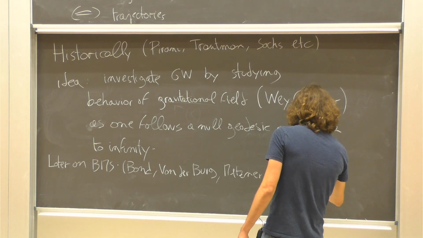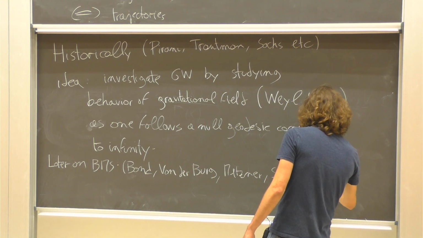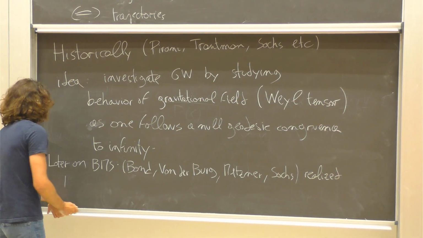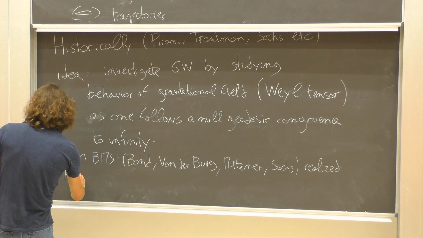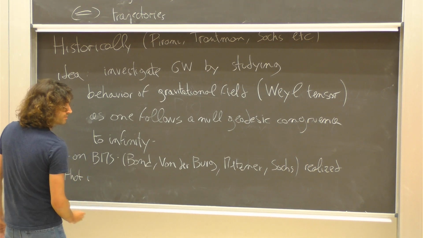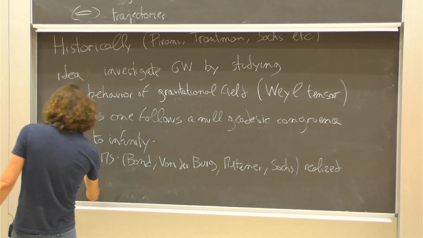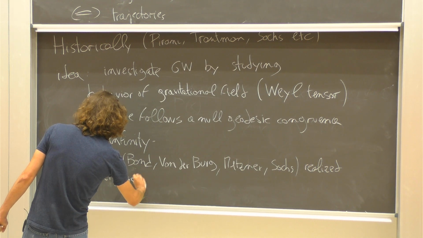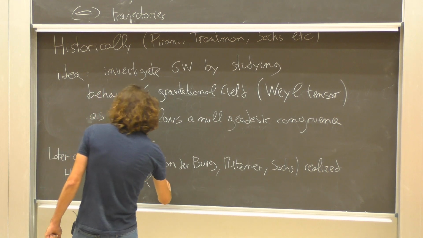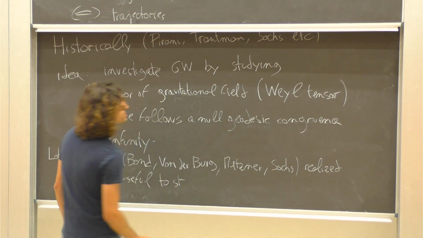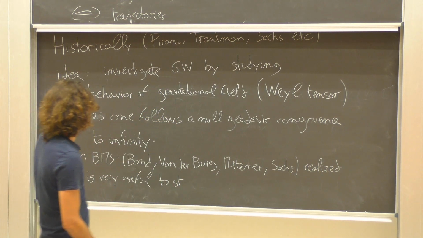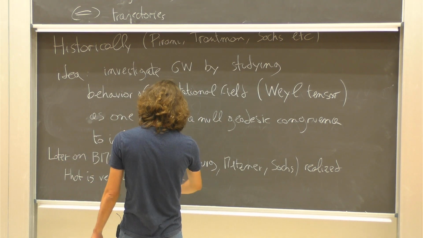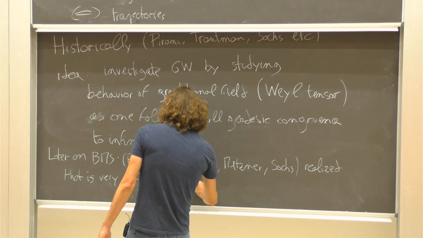They realized that it is very useful to study something which is not a generic null geodesic congruence, but a hypersurface orthogonal geodesic congruence. I'm going to explain what this is.